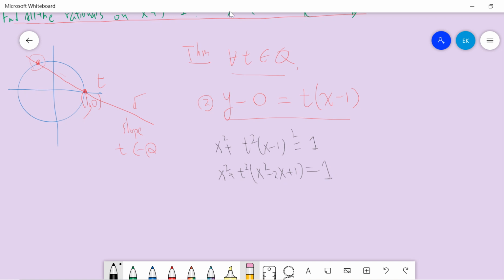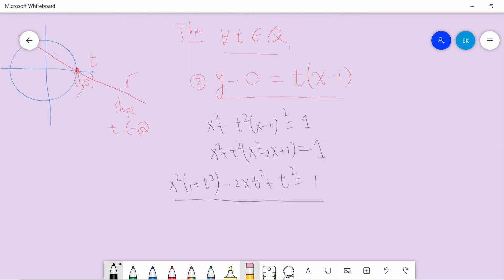And our goal is to find x. Okay, so our goal is to find x.